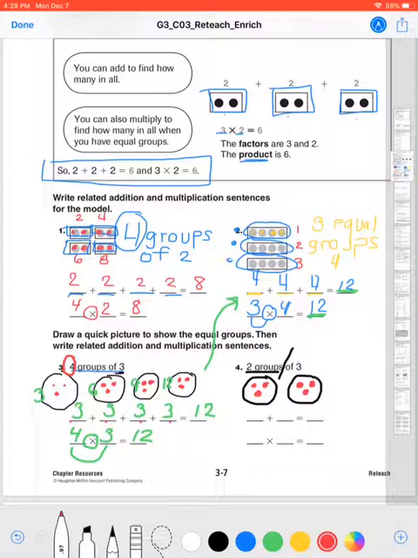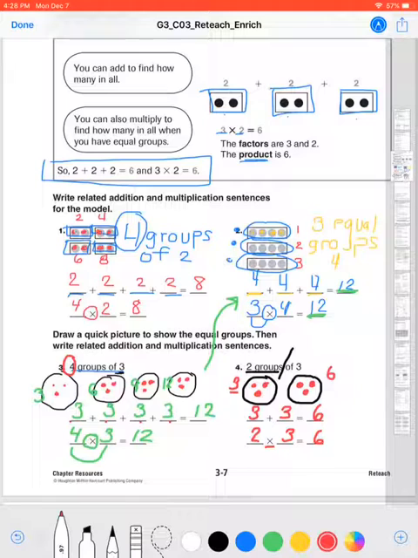We are adding 3 plus 3. We can also skip count and say 3 and then 6. So we do 3 plus 3 equals 6. And that's the same thing as saying 2 equal groups of 3 equals 6. So then we get our answer there.